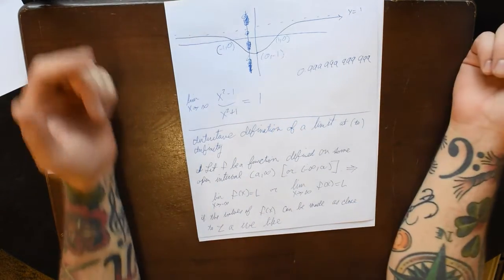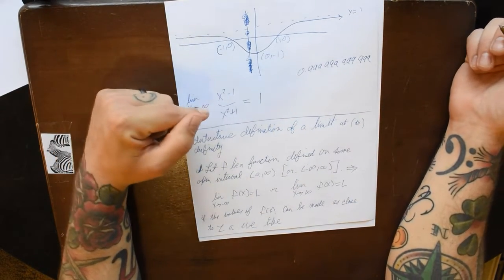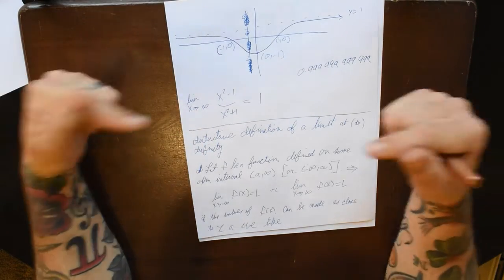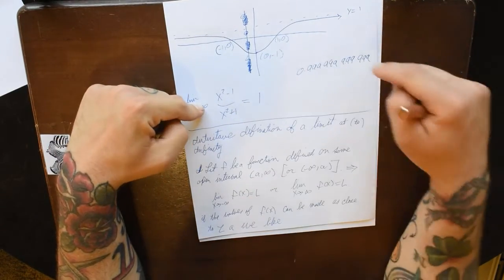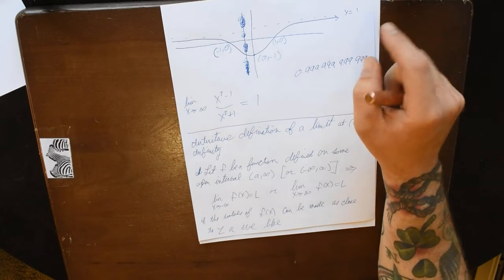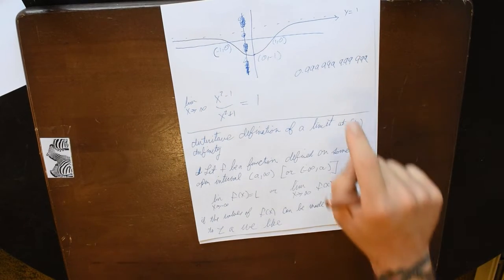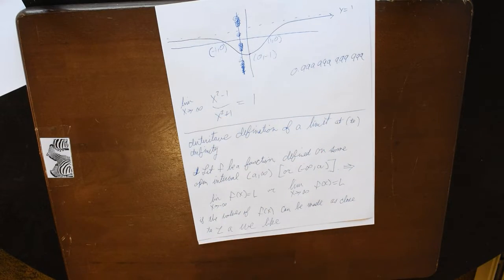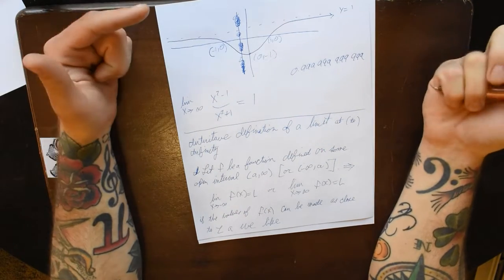If I tacked on another 12 zeros, there would also be some value of x that we could plug into this function that would get us there. No matter how close we want this number to be to L, there's always a value of x that'll get us there. That's our intuitive idea.